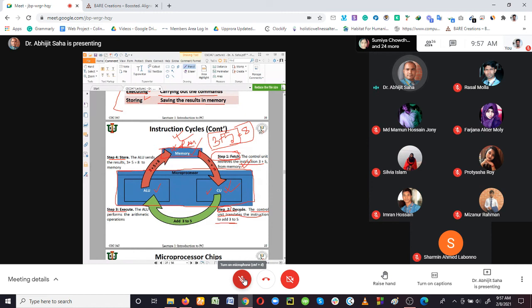This translation is needed because, again I am telling you, the instruction you brought is in binary format, the ASCII code format, and the ALU does not understand the ASCII code format. So the control unit needs to translate the ASCII code format in such a way that the execution unit can understand that language.